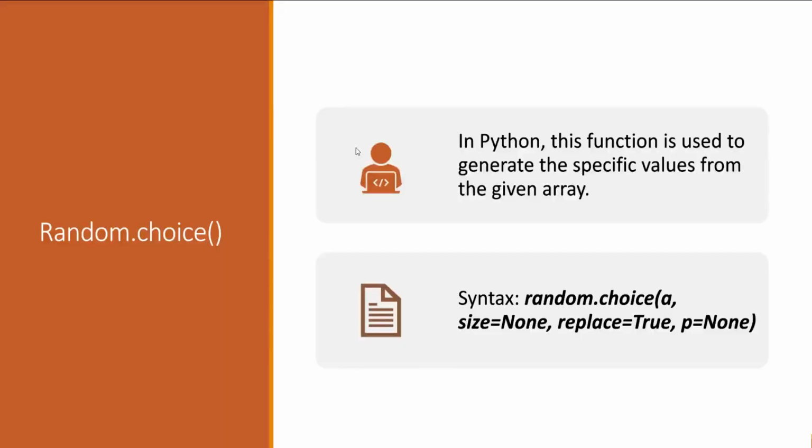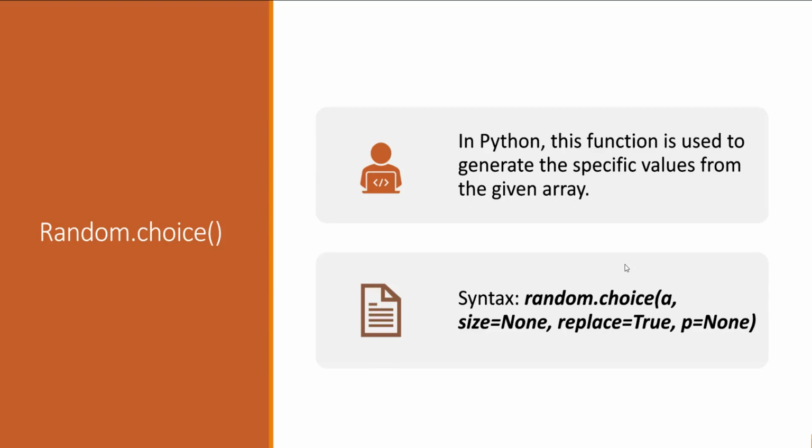Now we will discuss the random.choice function. Basically, when we need a random value from a given list of values, this function will easily generate a specific number. So here is the syntax of the random.choice function. This is the function name, random.choice, and within this function there are 4 parameters. The first parameter is a. This parameter indicates the list, or you can say the input array.